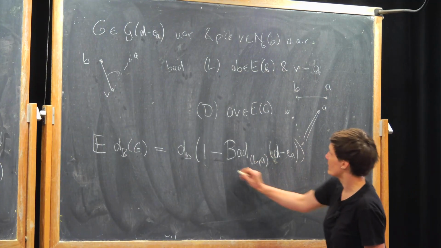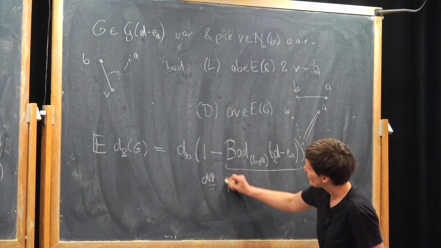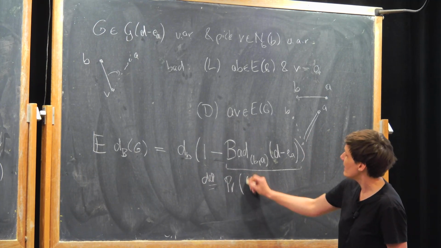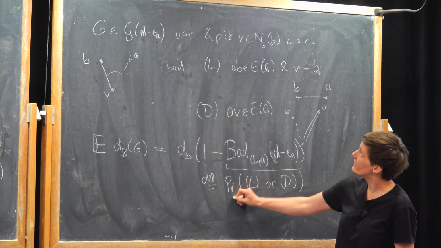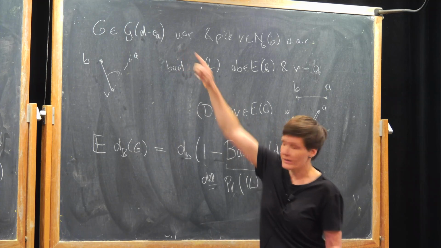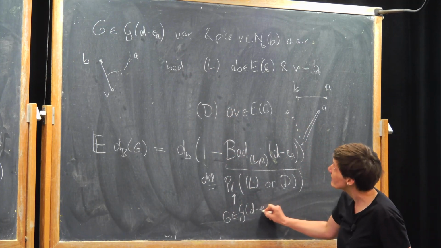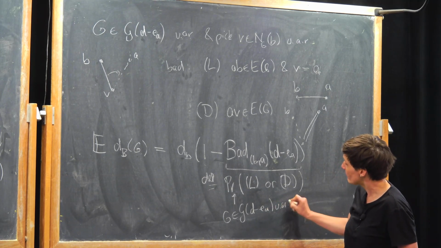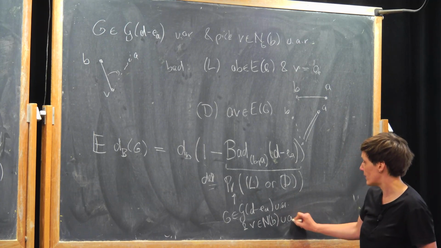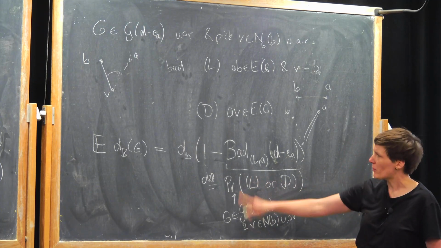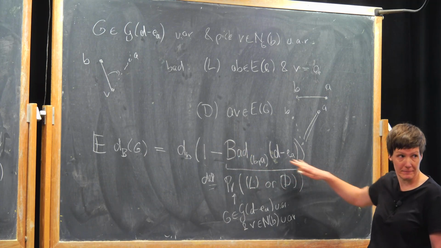Okay, and that is, by definition, the probability of either L happening or D happening, and that probability is over the random choice of G in G of D minus EA uniformly at random, and V in the neighborhood of B uniformly at random. Okay, but it's a different probability space than other probabilities. I just want to give this a name as a bad probability.